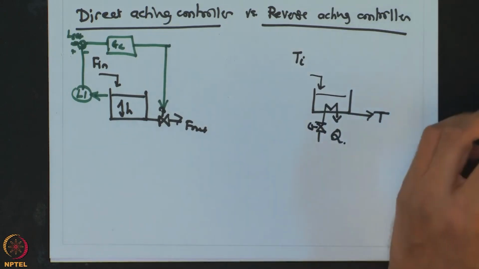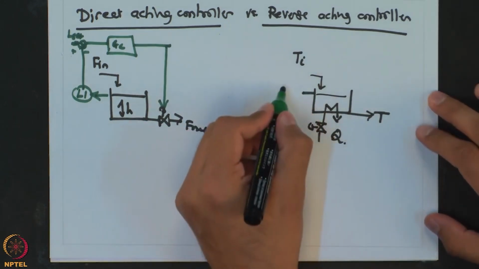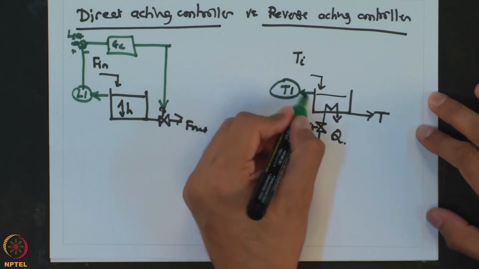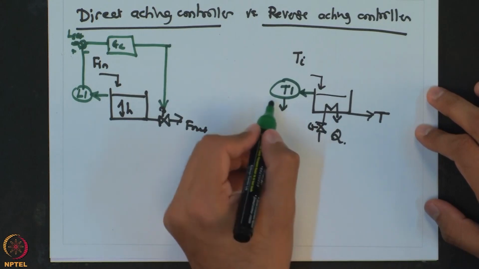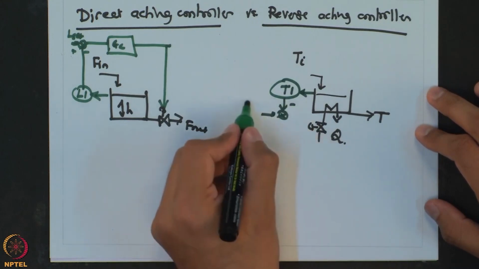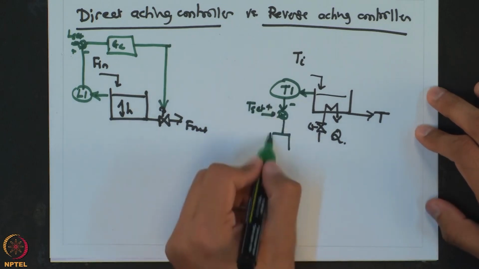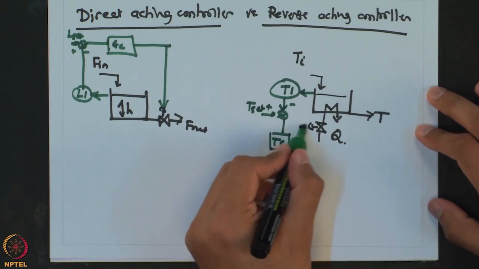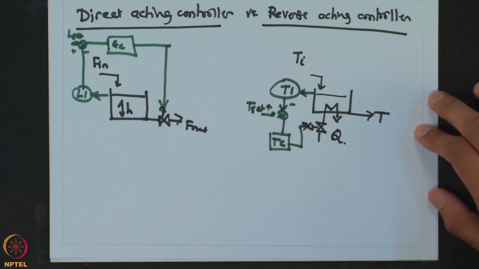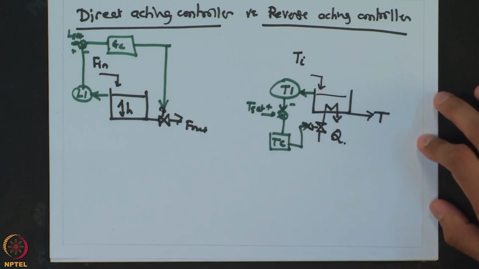If we want to implement feedback control, we will first measure the temperature, that is the temperature indicator, then that will be compared with the desired value of set point, and then it will go to the temperature controller, and the output of that controller will change the manipulated variable, which may be the steam flow rate, which will change the heat duty supplied to this particular system.